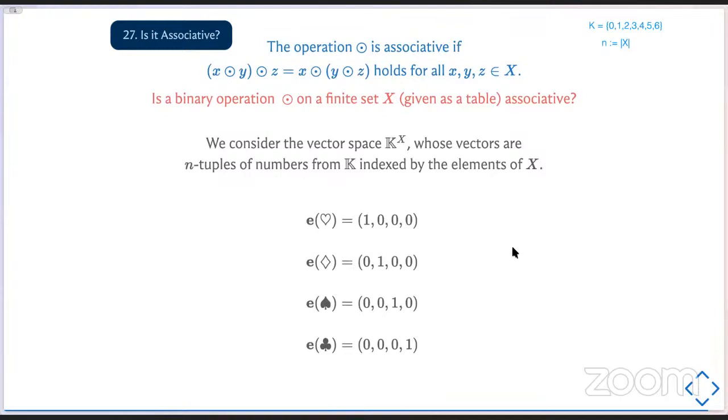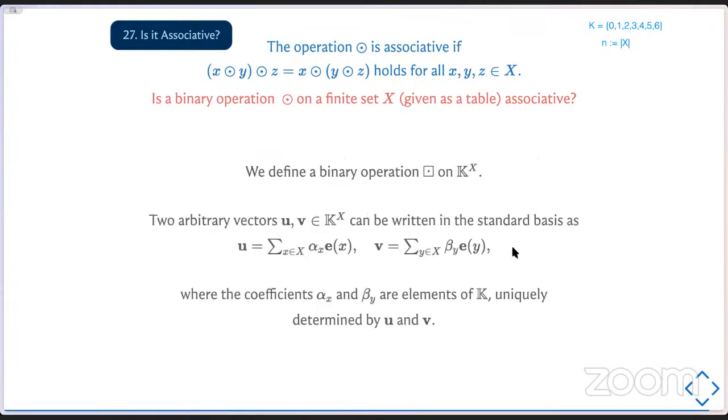Okay, all right, thanks. And now we want to define our binary operation on the vector space. So suppose we're given 2 vectors in the vector space, we write them down in terms of the standard basis. Hopefully this is the usual way that you would write out any vector.